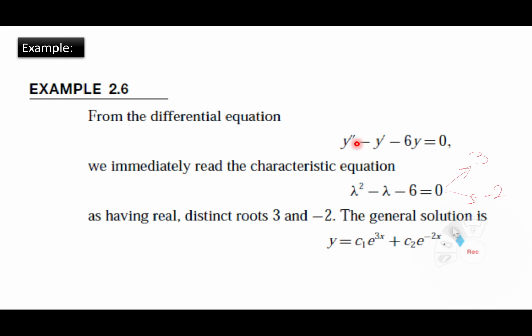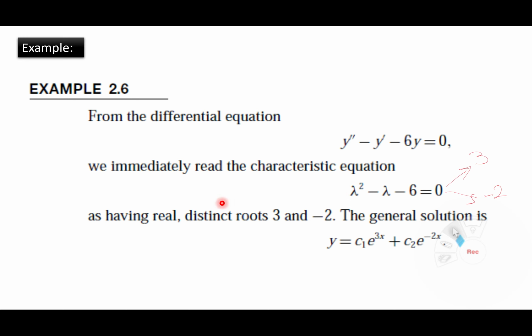This is the example: y double prime minus y prime minus 6y equals 0. We immediately read the characteristic equation. Now we can read it from the main differential equation. This is the characteristic equation.